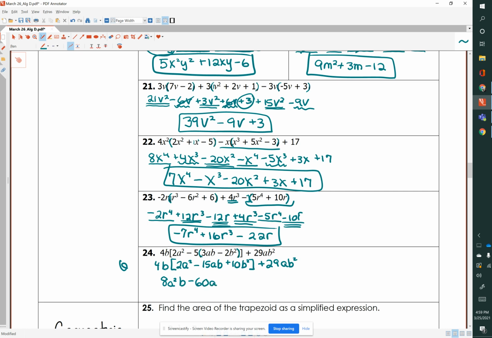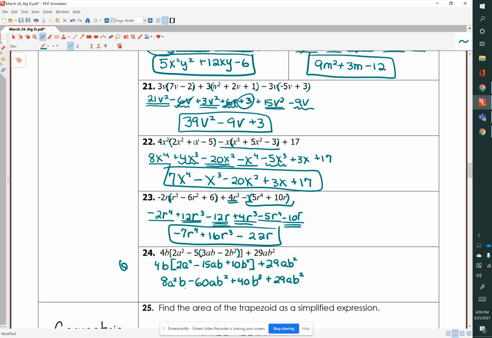A and b times b is b squared. 4 times 10 is positive 40. B times b squared is b to the third. And then we have our plus 29ab squared.